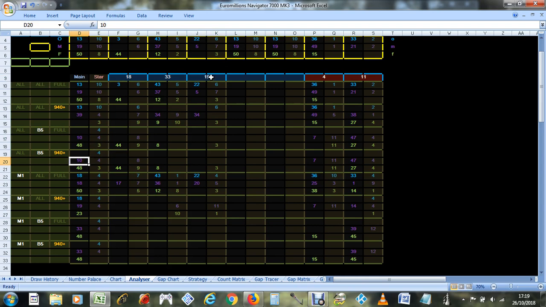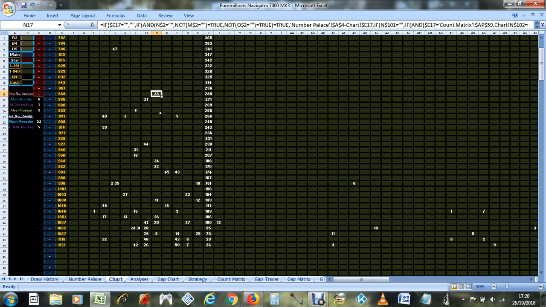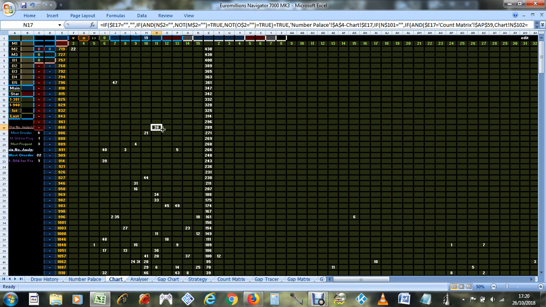So 10 might be a good combination with 19. And also, I noticed that 38 is on the edge of the chart for 19. So 19 doesn't directly point to 38, it points to 5, but 38 isn't all that far behind.